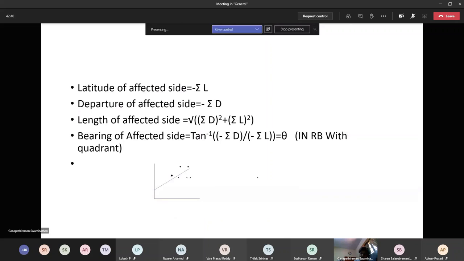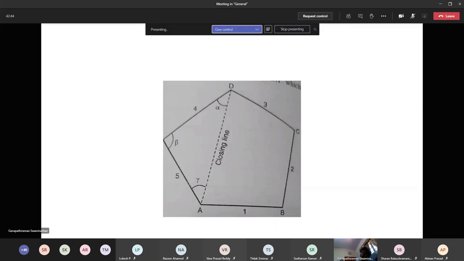The same principle, is it possible for me to find out the length of DA? Length of DA is known. Bearing of DA is also known. What did I omit? Length of DE I omitted. So what is the bearing of DE I have taken?